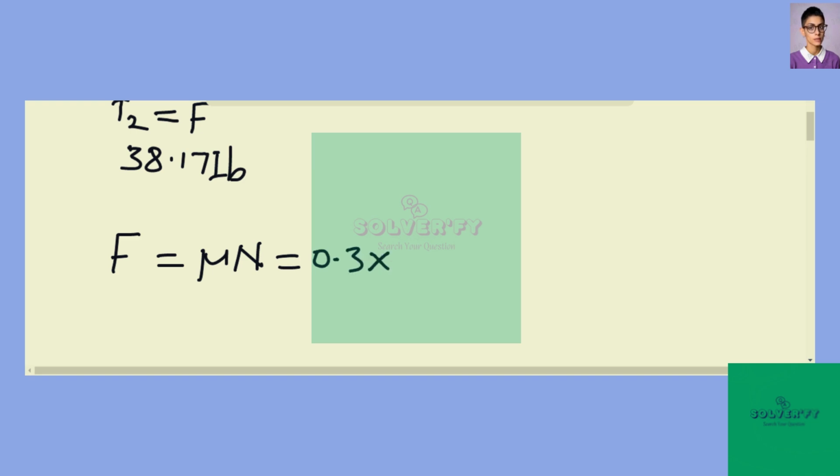So when we multiply by the 180 lb weight of the man, we arrive at 54 lb. So this is the maximum, F maximum.